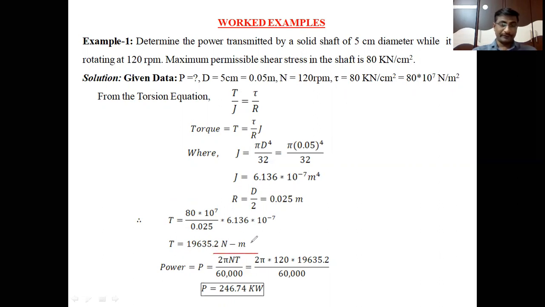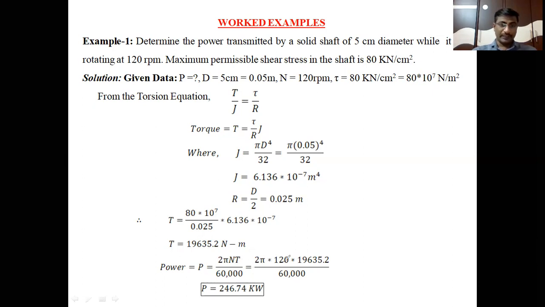Force applied through a distance, force applied into radius of the shaft, is the torque. After getting the torque, by using the power formula, we know that power is 2 pi NT by 60,000 kilowatts.